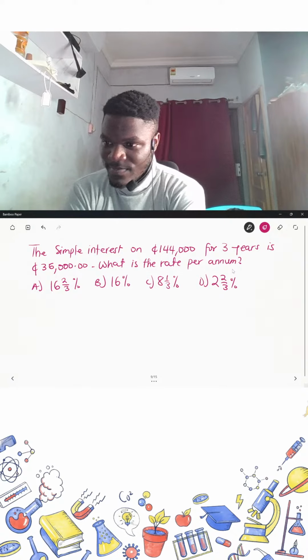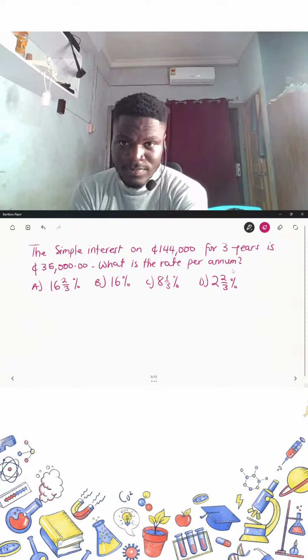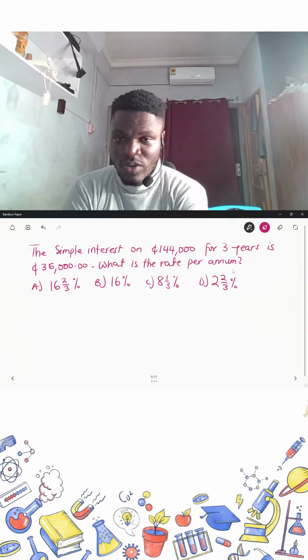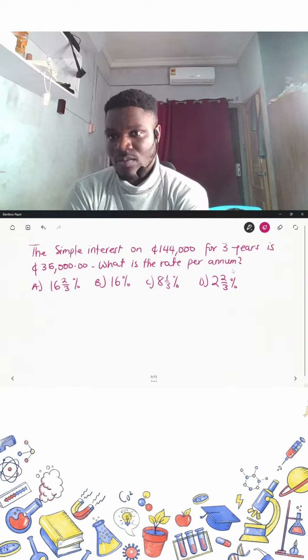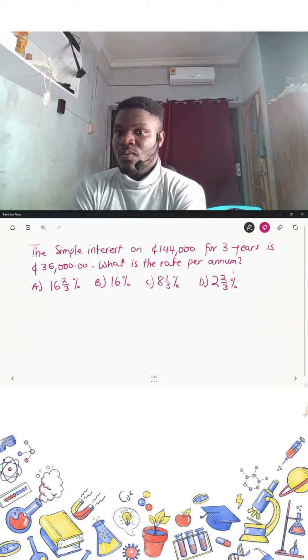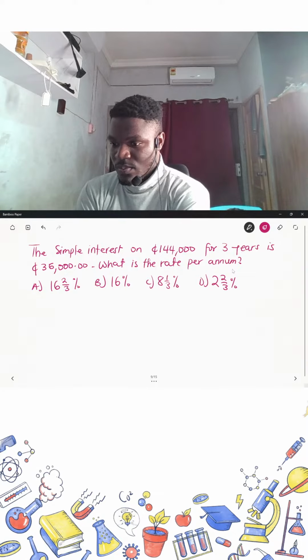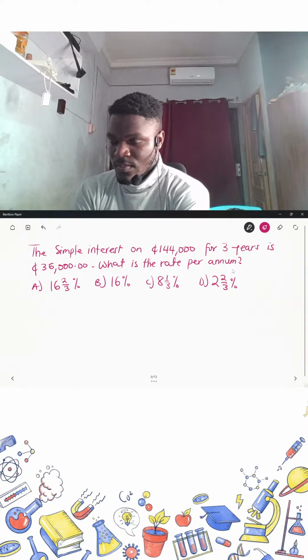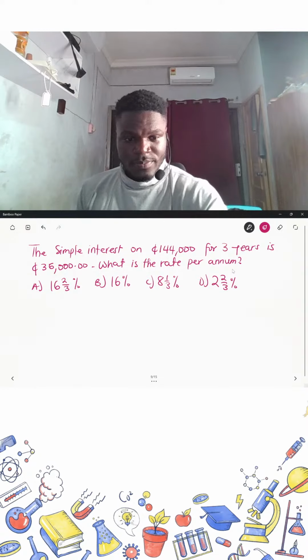Anyone? So the simple interest on 144,000 for 3 years is 36,000. What is the rate per annum? Anyone?